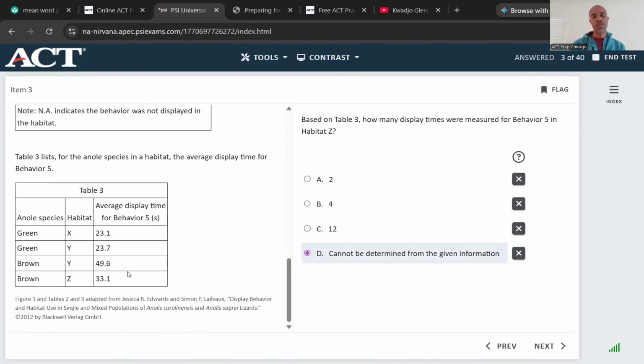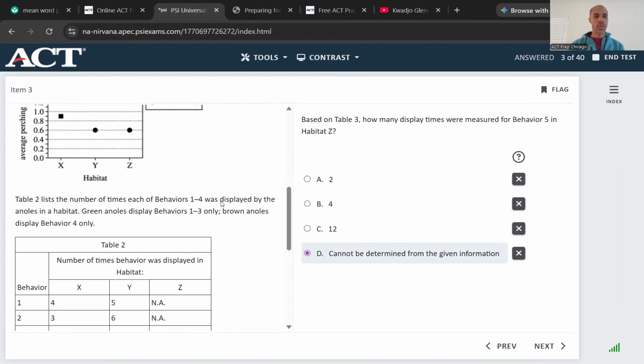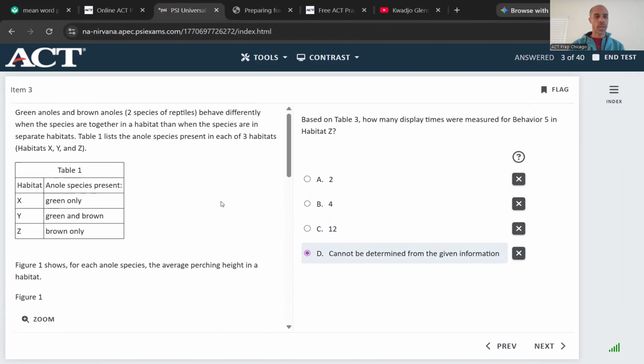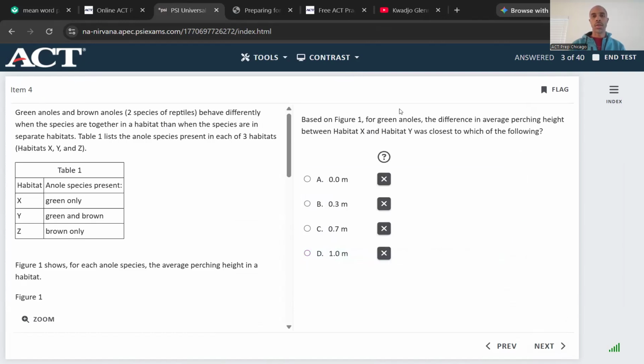So if it's the average, we don't know how many display times were measured, right? We just know the average. I was looking to see if they gave it in words and they didn't. We could check that one too. That's item three. You look up here, it tells you what question you're on. Item three, and it would be D.